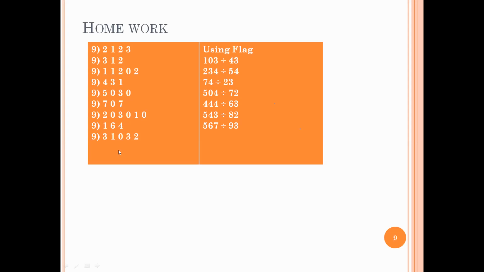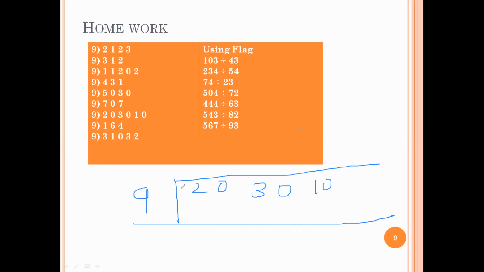Pull the 2 down. 2 plus 0 is 2. 2 plus 3 is 5. 5 plus 0 is 5. 5 plus 10 is 15. So the answer method is very simple in Indian mathematics. Now the answer is 2255 plus 15.